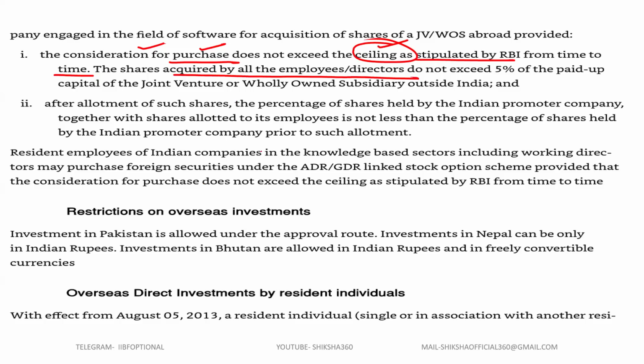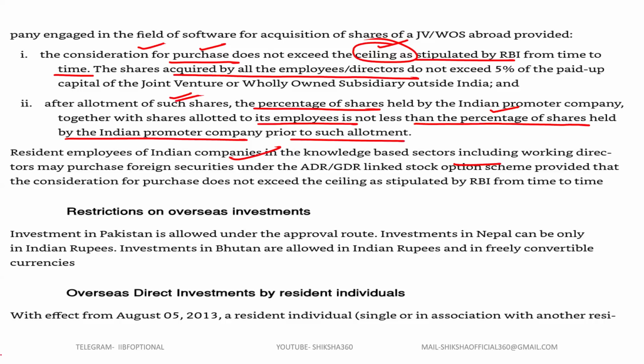Second one, after the allotment of such shares, the percentage of shares held by the Indian promoter company together with the shares allotted to its employees is not less than the percentage of shares held by the Indian promoter company prior to such allotment.